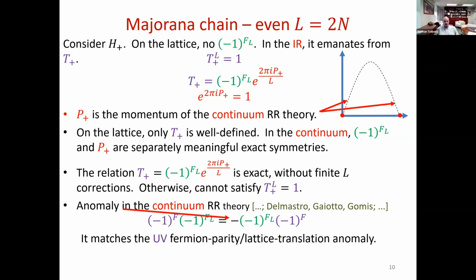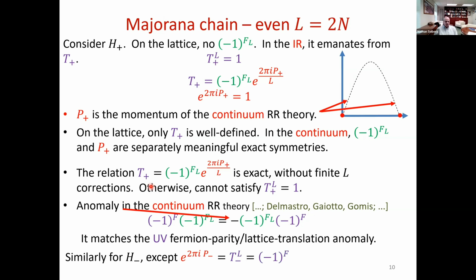The other question we asked is how come we are automatically at the massless theory without various operators that could have gapped the system? And the answer is that lattice translation induces an internal symmetry. Maybe I should say there's an internal symmetry that emanates from lattice translation, and it does this fine-tuning for us.